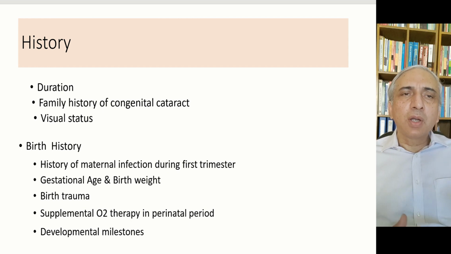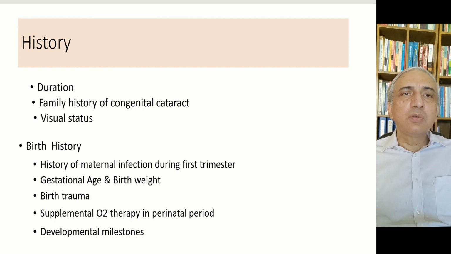But we try to see if he follows and fixates a target. If he does not, we look at his visual acuity by shining a light and asking the child to look at the light. Another way to assess vision in very small children is optokinetic drum.